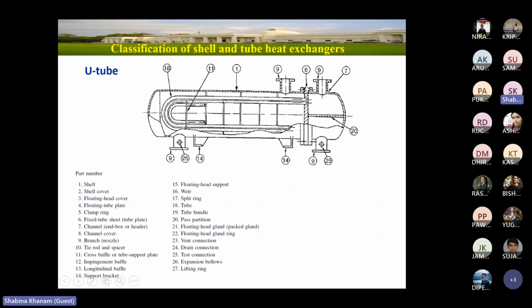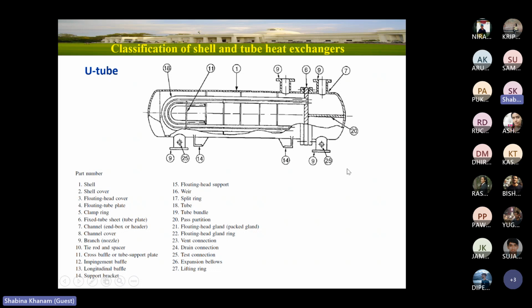So only one tube sheet, and the shell will be attached with this tube sheet and with this cover through bolts. So when you disassemble it, you can remove this cover, you can take this bundle out, you can keep the shell apart. But that is not possible in a fixed tube sheet because the welding is done. So this is only one tube sheet, and here I have this U tube.